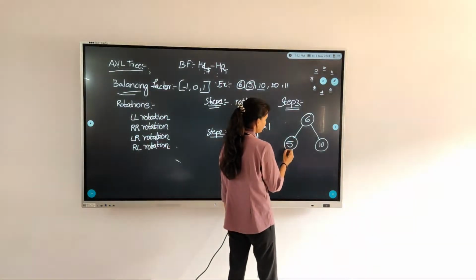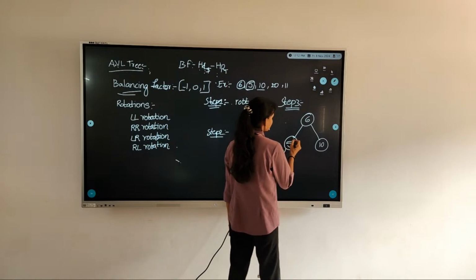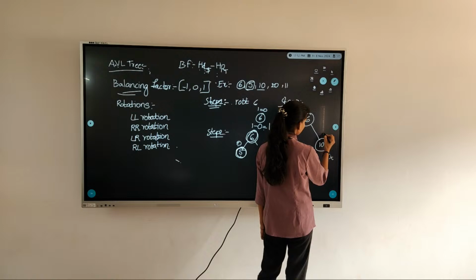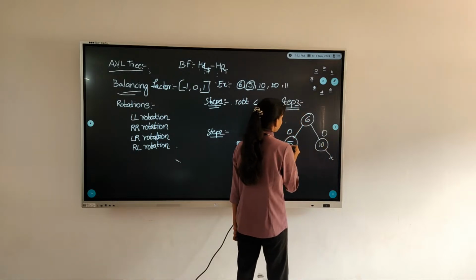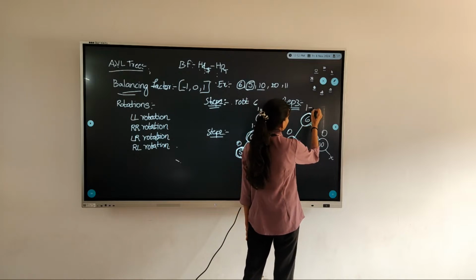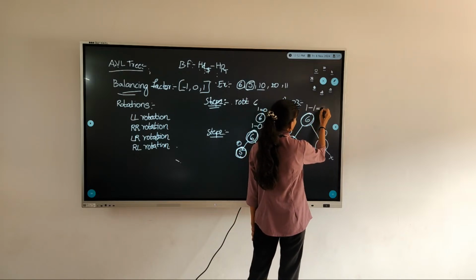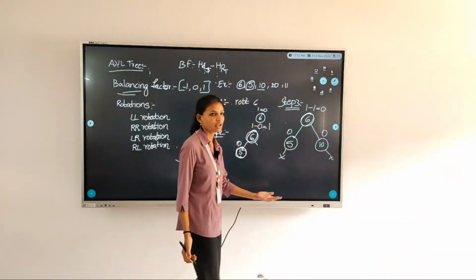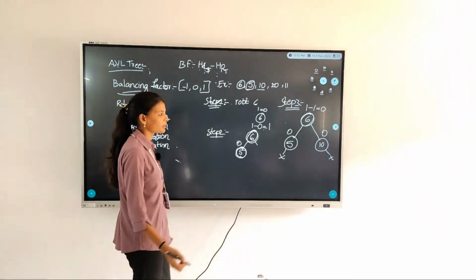Here we don't have any children, so the balancing factor is 0. Here also the same, but this root node has one left node and one right node, so 0. Here all the balancing factors are 0, hence the tree is balanced.